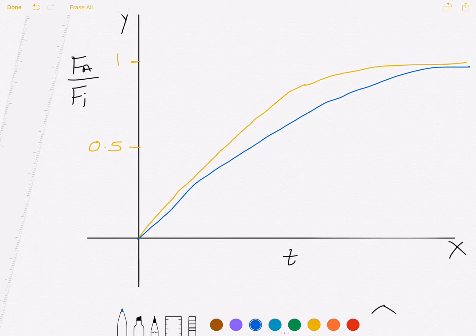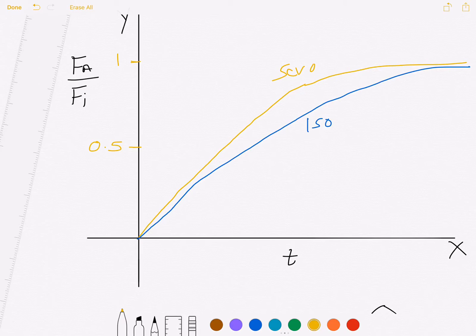Now, this is important to understand. Let's say iso, let's say sevo. Now this is an important concept. You see, both curves more or less ended up in a plateau.